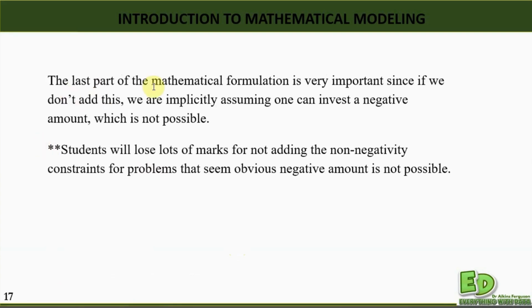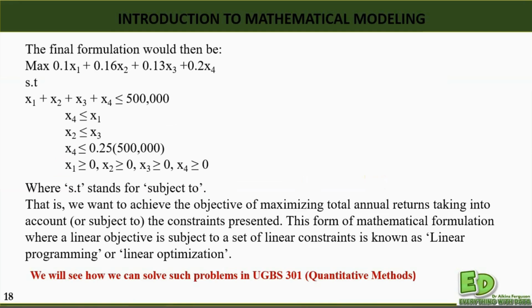The last part of the mathematical formulation is very important, since if we don't add this, we are implicitly assuming one can invest a negative amount, which is not true. Students will lose a lot of marks if you don't add this. For problems that seem obvious, a negative amount is not possible. You can't invest negative 20,000 into treasury bills or any investment fund, right?